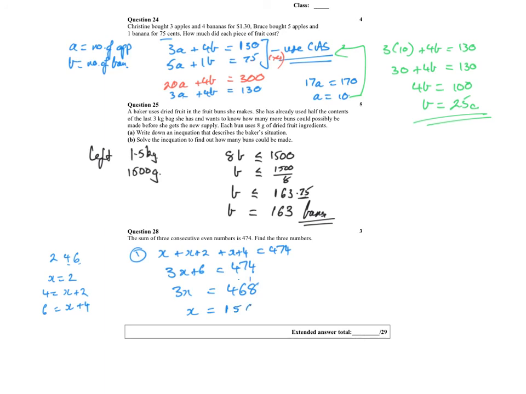So we think x is 156, which means then the three numbers should be 156, 158, and 160. So if we check that, 160, 158, 156. 6 and 8 is 14, 10, 17. 474, which is what we were looking for. Job done.